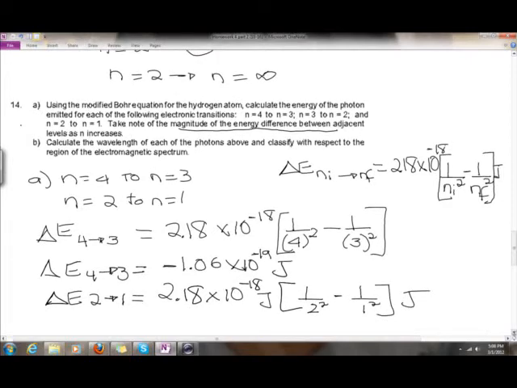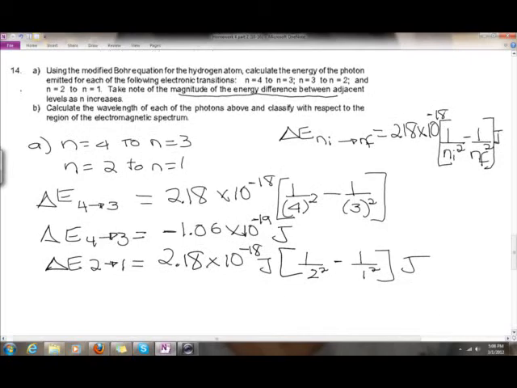And that gives you that the difference between 2 and 1 would be equal to minus 1.634 by 10 to the minus 18 joules. Now I did this to the extreme.